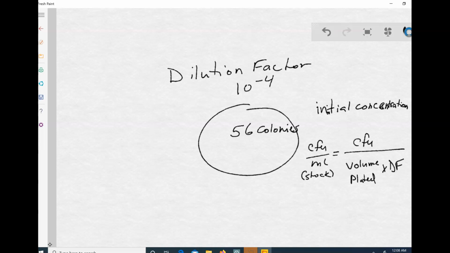So how diluted is your plate compared to your stock solution.